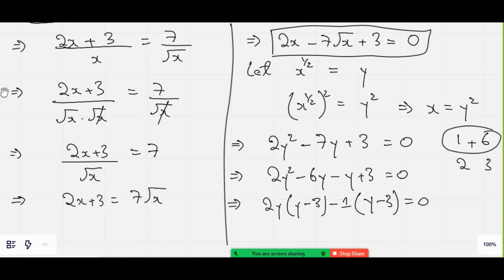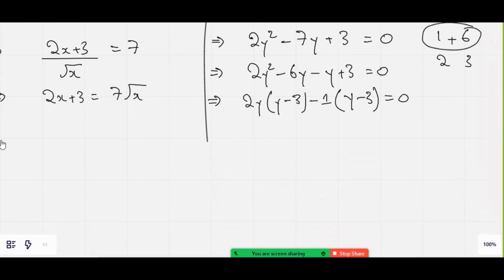So now y minus 3 is my one factor, another factor is 2y minus 1 equals to 0.